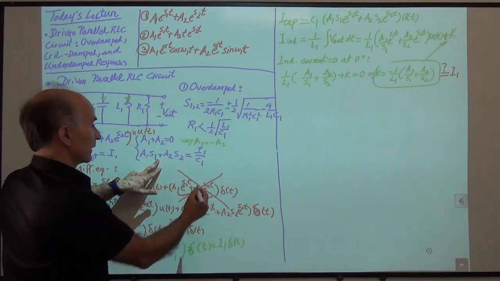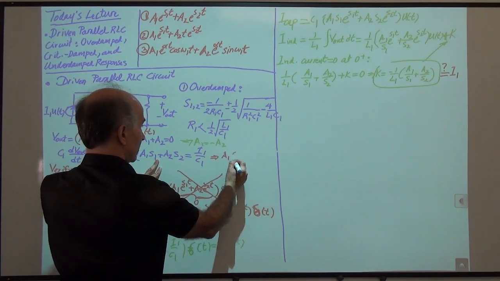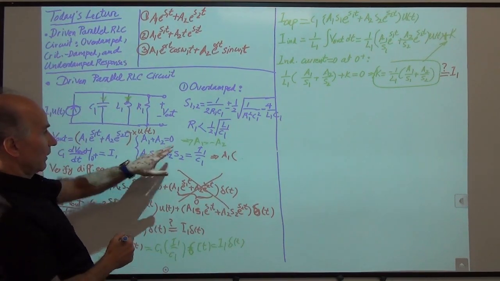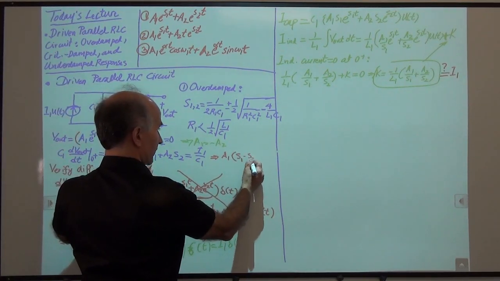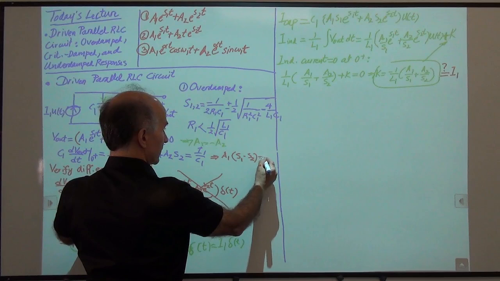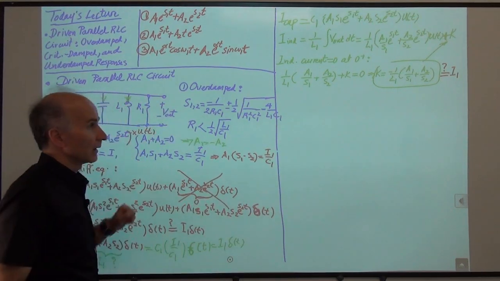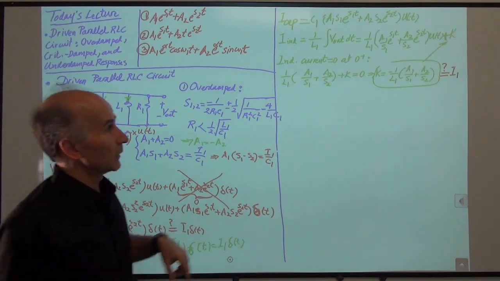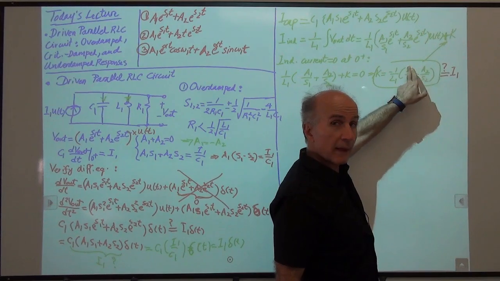And similarly here, I can say that A1 times, because A2 and A1 are opposite of each other, I factor and I get S1 minus S2 is equal to I1 over C1. Okay? So we go back here, and again, remember that A2 is equal to minus A1.